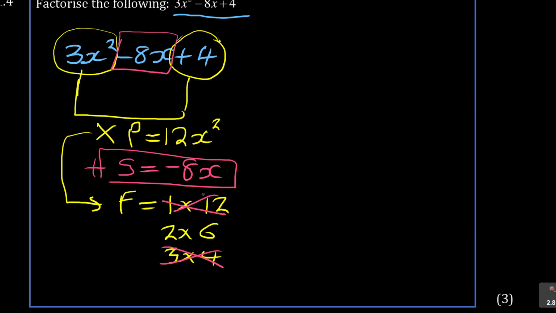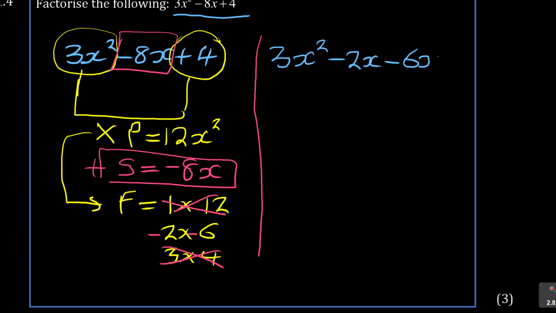How can I get minus 8? Obviously it's minus 2 minus 6. Where there is 8x, I'll write it like this: 3x squared, minus 2x, minus 6x, plus 4.